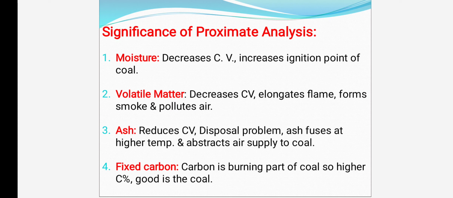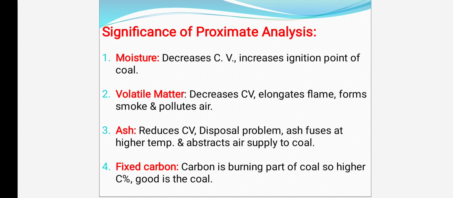Ash, as I said, the presence of 1% non-combustible matter in the coal leads to a loss of heat by 1.5%. So ash again reduces the calorific value. And as you know, there is a disposal problem, right? Ash fuses at high temperature, and because of that fusion it obstructs the air supply to the coal.